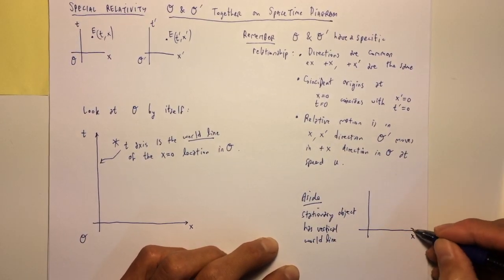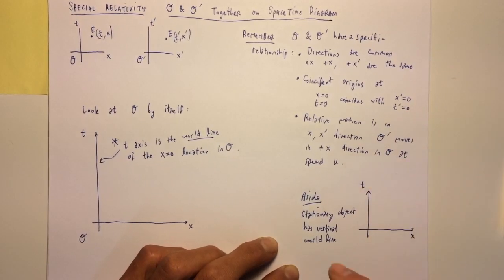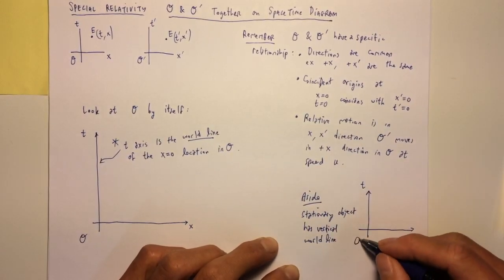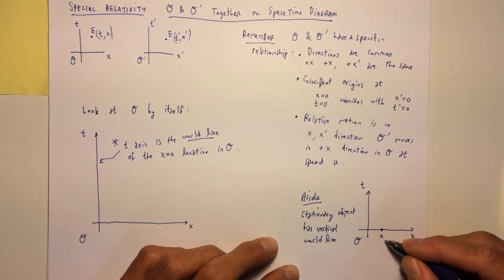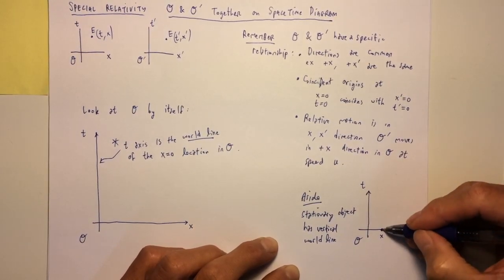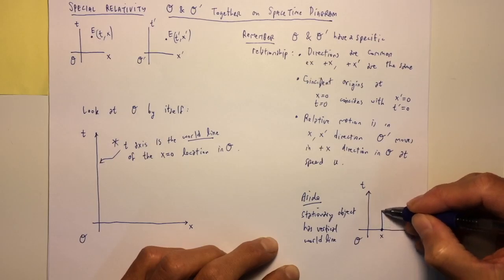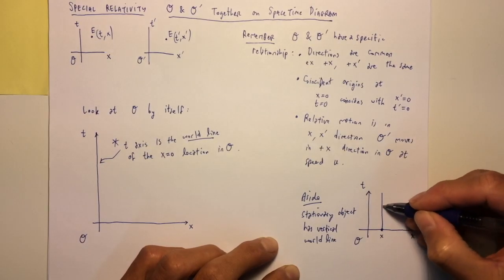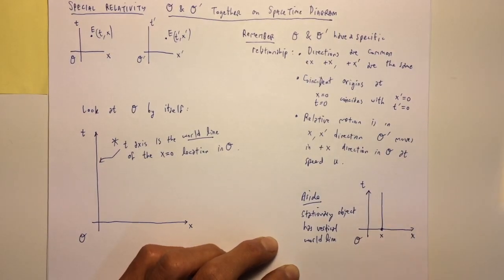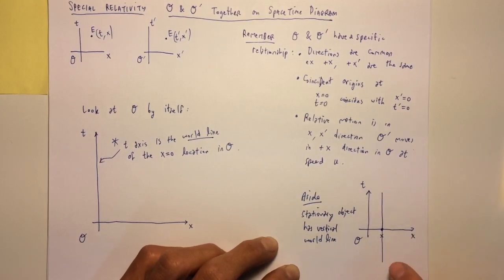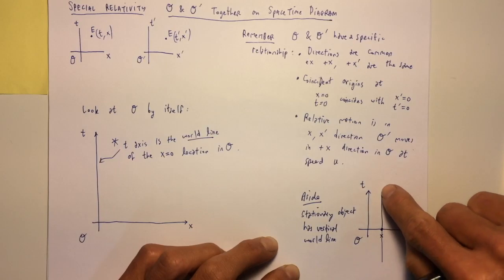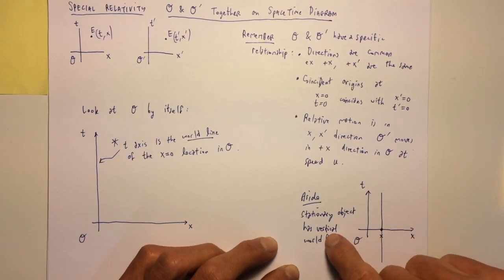So here is x, t, and we'll say that the object is stationary in O. So here is its location. That's the position of the object. And for all future time, that's its location. It's not going to wander on the x-axis. And for all the previous time, right? So this is an object that's standing still. Its world line is a vertical line.